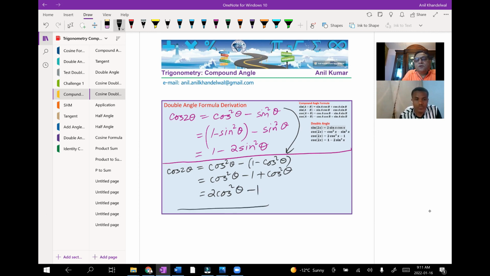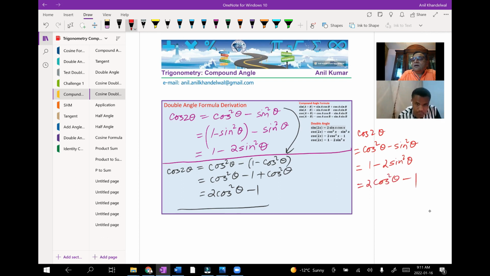So I have another double angle formula for cos 2 theta, and so we can now write three formulae for cos 2 theta. The formula we learned earlier was cos square theta minus sine square theta. And then we also found this could be written as 1 minus 2 sine square theta, and this could be written as 2 cos square theta minus 1.